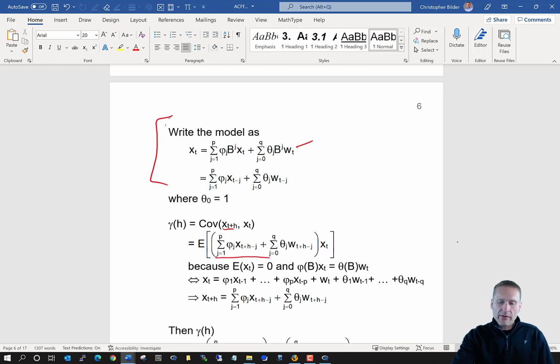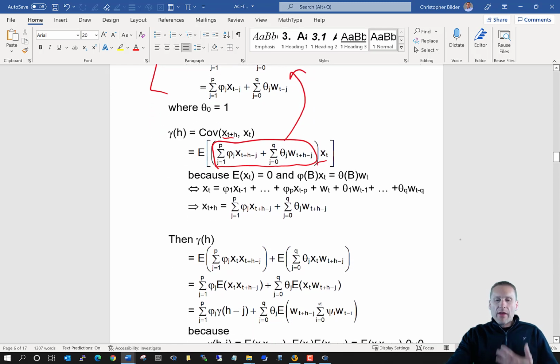So here's x of t plus h written in terms of the model that we have up here, but now I have a lag h. That quantity times x of t is my covariance, because the expected value of x of t in this kind of a model is equal to 0.